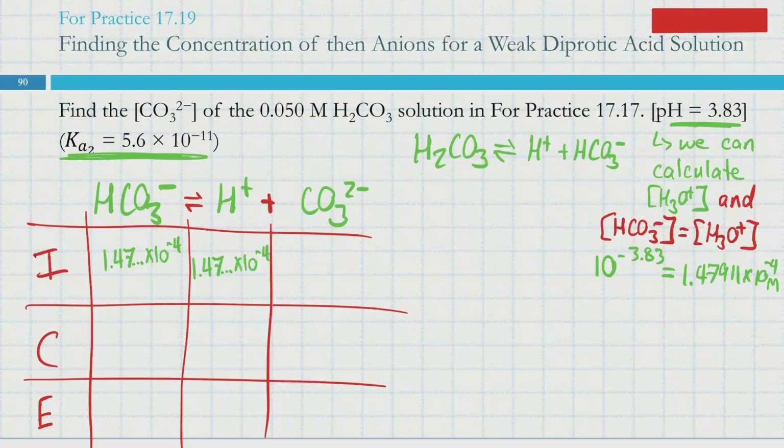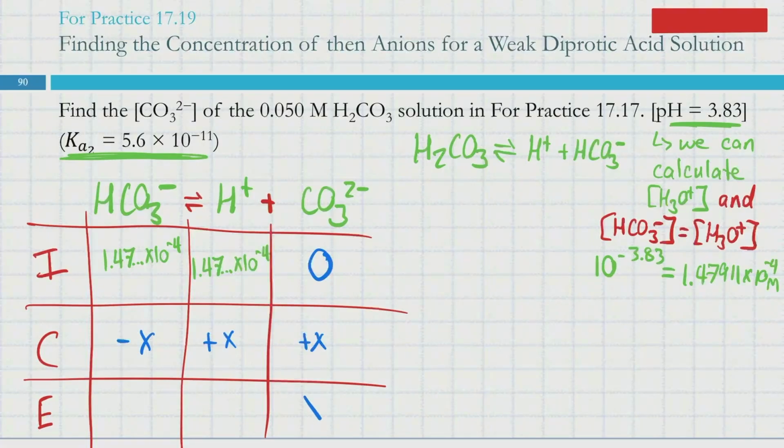So we'll put that in both of our boxes for our initials for HCO3 minus and H plus. Our initial concentration of carbonate, CO3 2 minus, is what? 0. And our change values are going to be exactly the same as what we've seen before, minus x, plus x, plus x, for the same reasons given before.